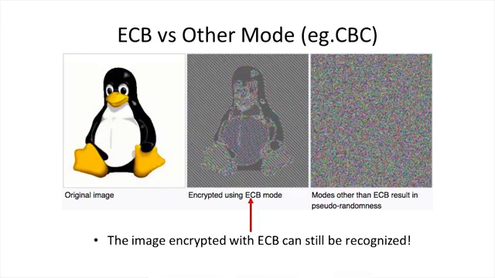When the encrypted image is displayed, we can see the contour, and the same color regions are shown, even though they are not exactly the same color values. In the encrypted image on the right, on the other hand, we use another mode, and you cannot even see any information in terms of the contour and the shape of the image.